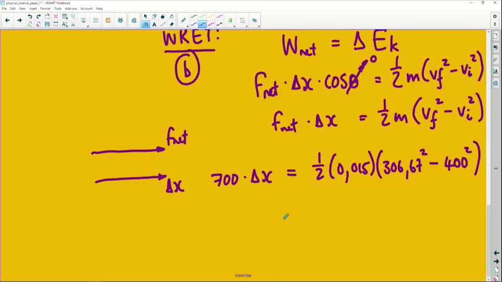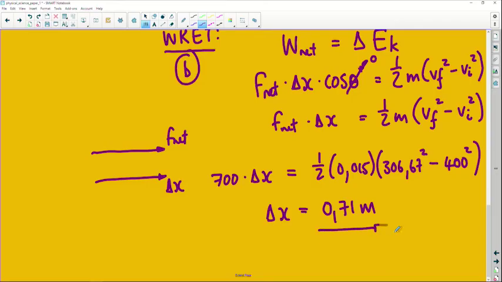And now we can calculate delta x because it's the only unknown in our equation, and we get a value of 0,71 meters, and that is the displacement of the bullet during the time in which the change in momentum has taken place, and that would be the exact same length as the block. So the result for this problem is 0.71 meters.